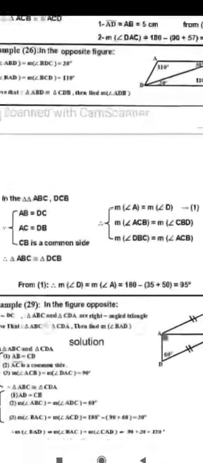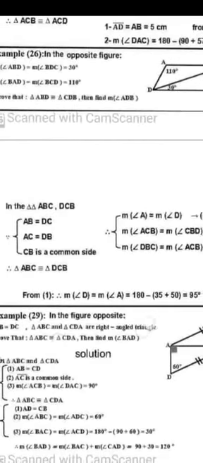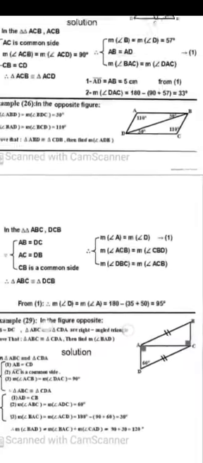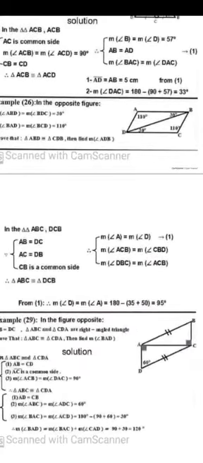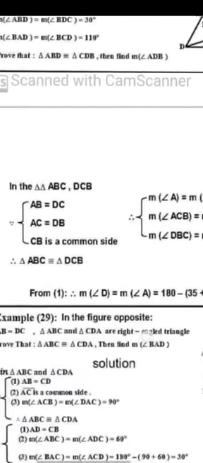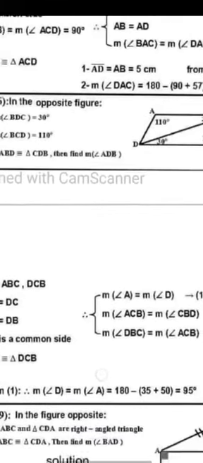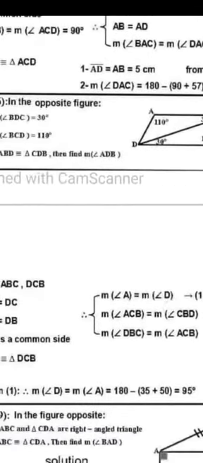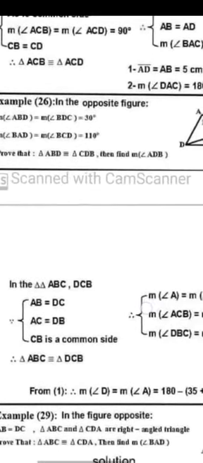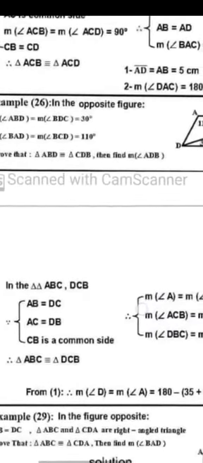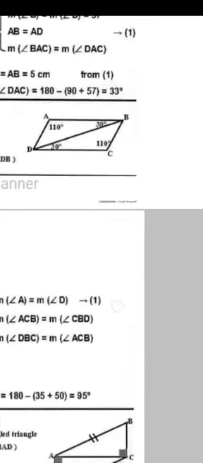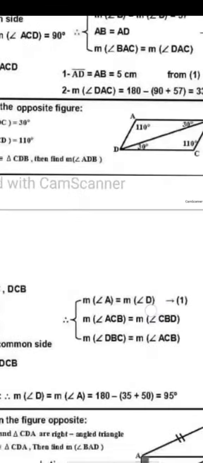The solution. Firstly, we say the names of the two triangles. In triangle ABC and triangle DCB, AB equals DC and AC equals DB. Why? Because this figure will be a parallelogram.